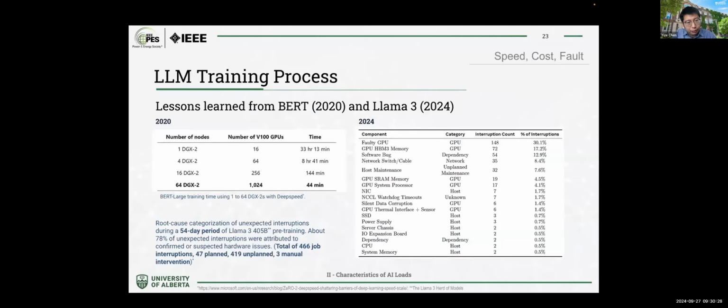And so far, for instance, the training procedure can also encounter some issues. For instance, in the Llama 3 report, there was a period of around 54 days of Llama 3 pre-training, and over 200 or 300 instances were interrupted. For all these interrupted jobs, 78% of them were due to hardware issues.